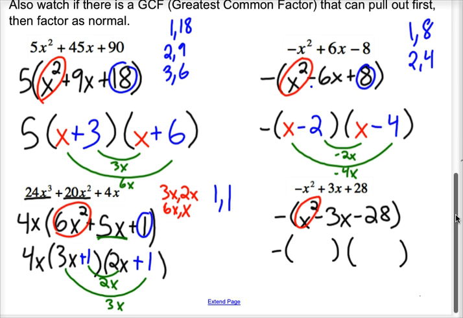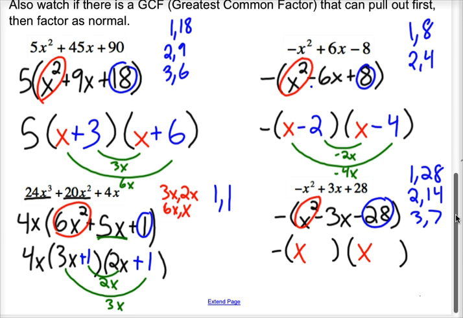All right, x squared, where does that come from? Well, that comes from x and x. How about that 28? Well, 28 can be 1 and 28, 2 and 14, 3 and 7. Now the thing I want you to note, you are multiplying to a negative 28.